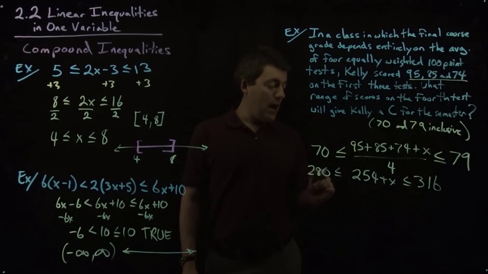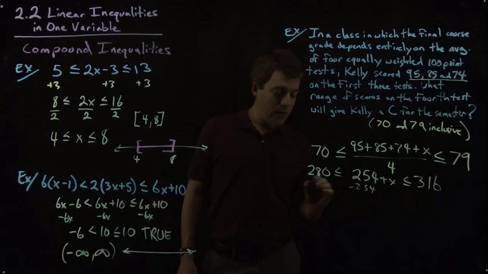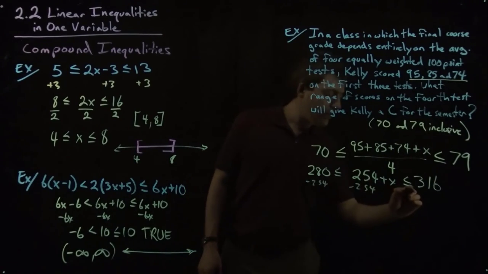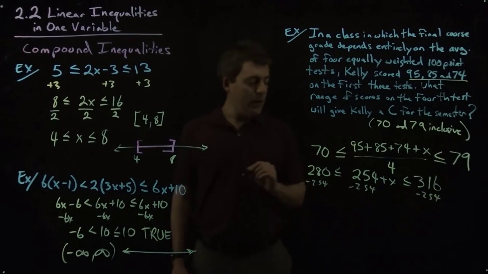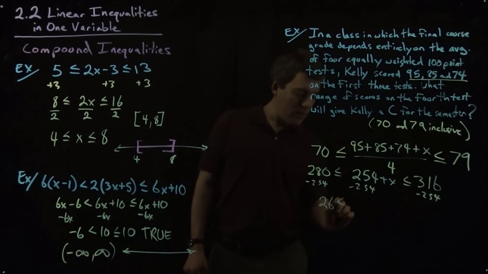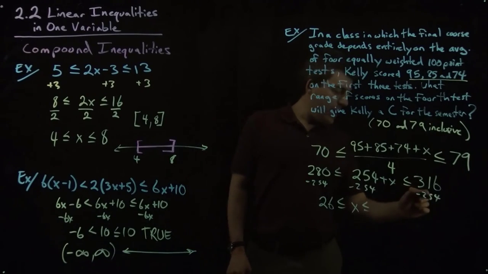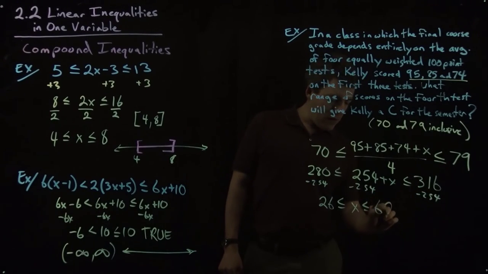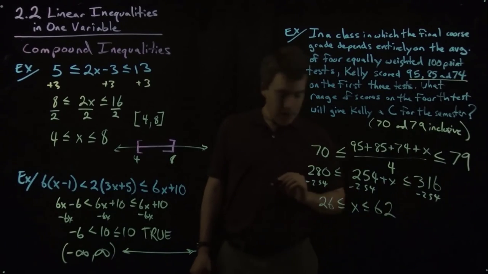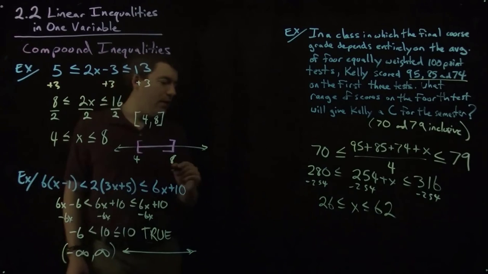Okay, and now we can subtract 254 from each side. Here we have 26 less than or equal to x, less than or equal to 62. Yes. All right.